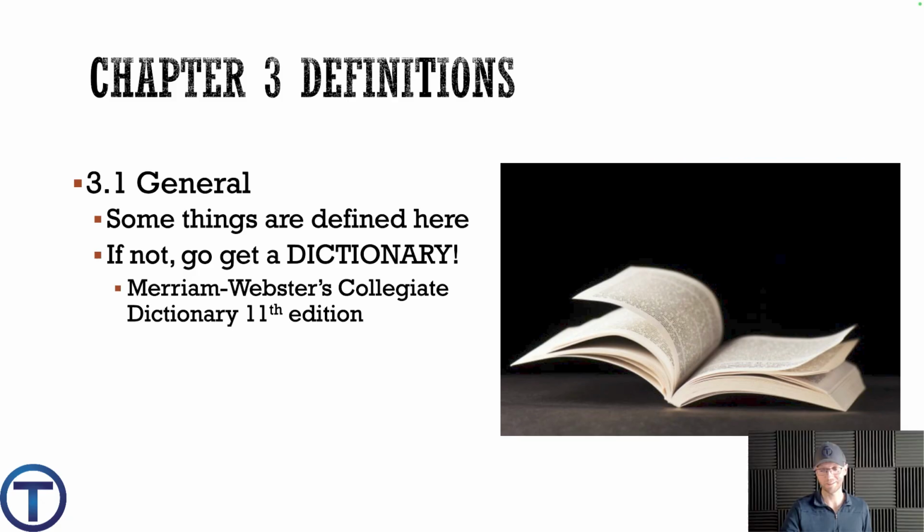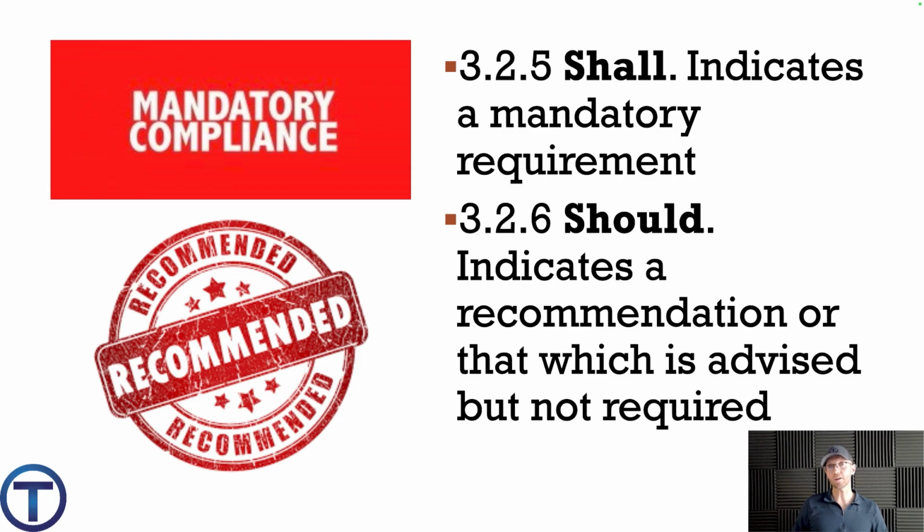There you go. Let's, however, take a moment to look at some of the definitions that are in here because they will provide understanding for us as we move through this code. Some of them are really important because of the implication of the word, including these right here. 3.2.5, the word shall. The word shall indicates a mandatory requirement. That means this is not optional.